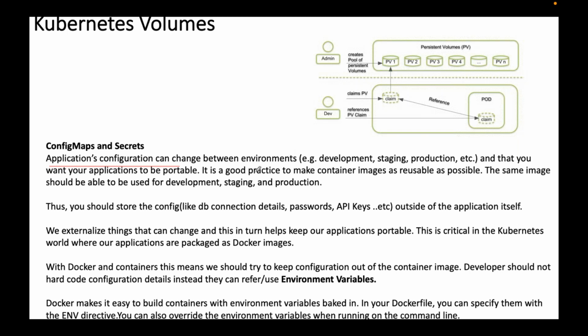Now the configurations may change from environment to environment, and you want your application to be portable. Your image should be portable. You should not create an image for each environment.